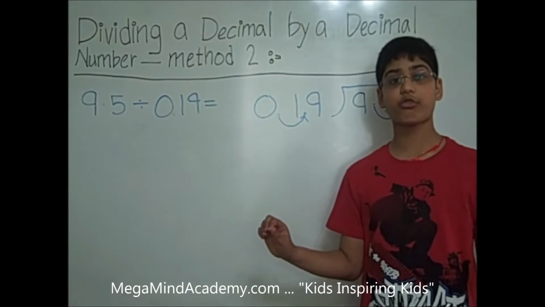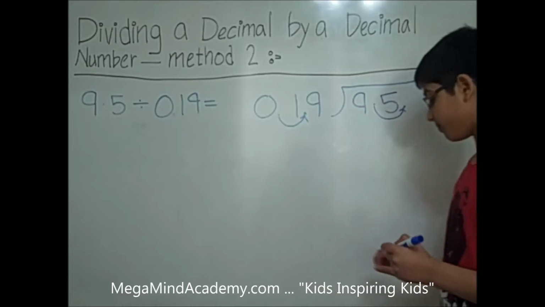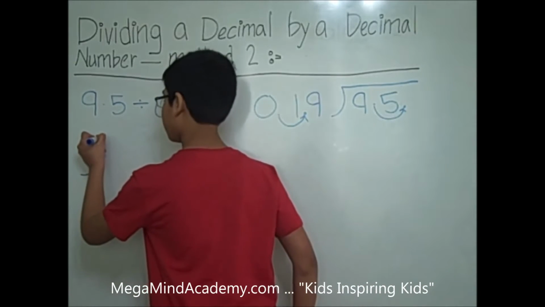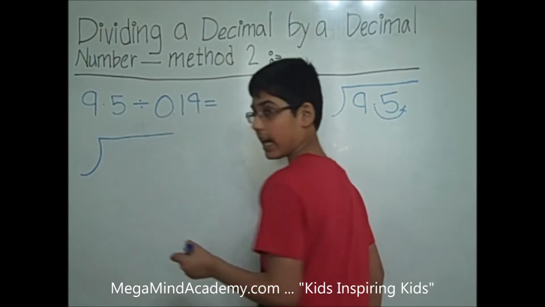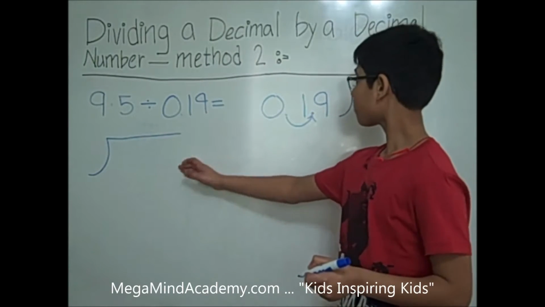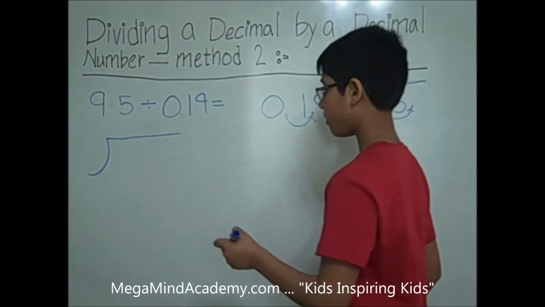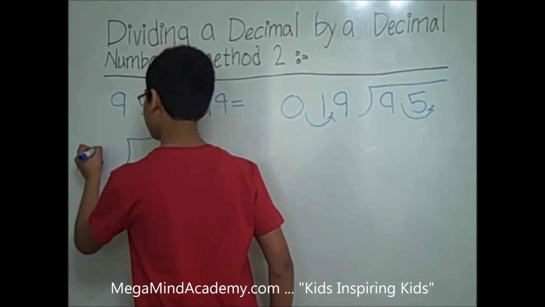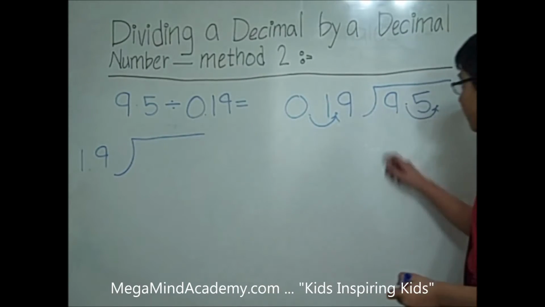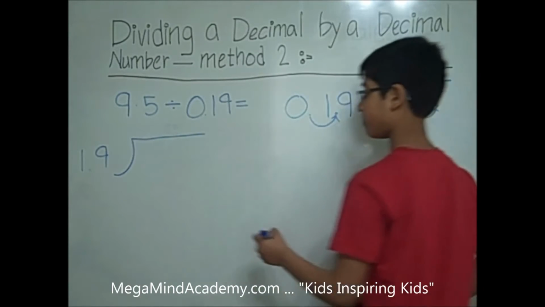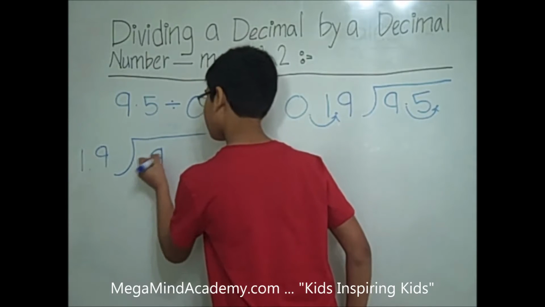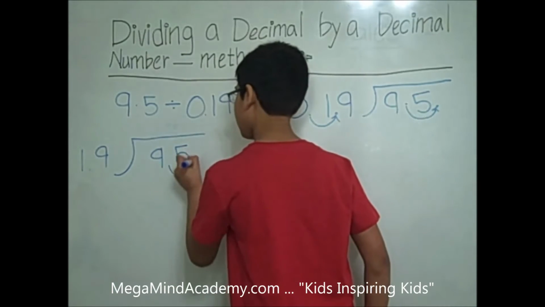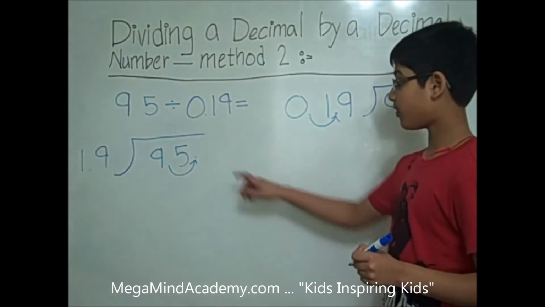Now, let me rewrite this equation. We have our division sign, and now we have 1.9 outside the division sign, and 95 inside the division sign.